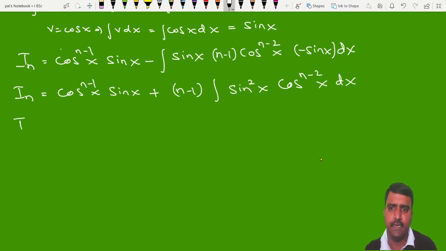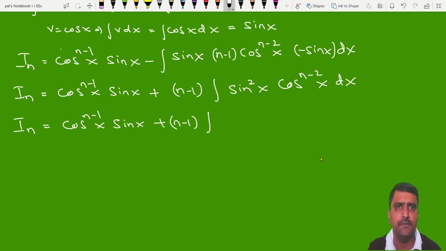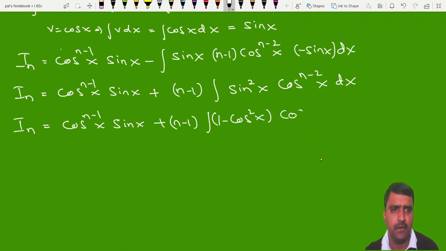So that is I n is equal to cos to the power n minus 1 x into sin x plus n minus 1 into integration of, you see here the sin square x can be written as 1 minus cos square x. So 1 minus cos square x into cos to the power n minus 2 x into dx.